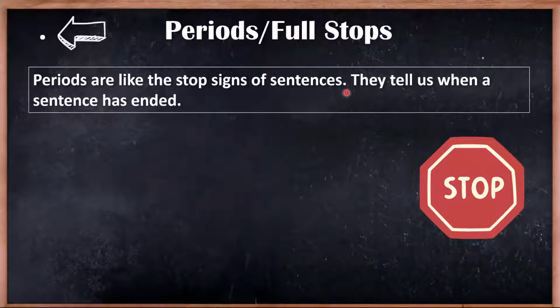But now with computers, it is not necessary and actually considered incorrect to use two spaces after a period because we don't need it. It's very obvious that this is a separate sentence and that there is a space. And then the next sentence, we begin with a capital letter after the period.